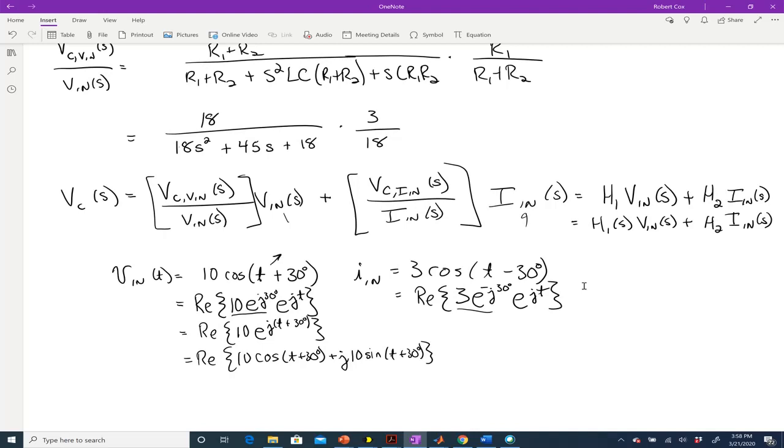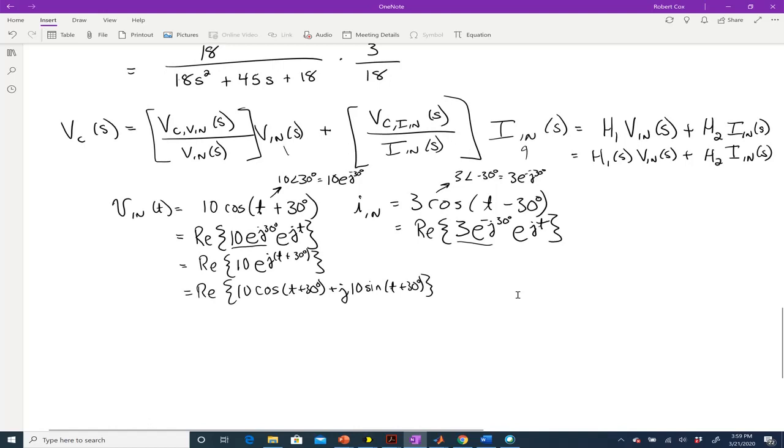So for 10 cosine of t plus 30 degrees, the phasor would be 10 angle 30, or equivalently 10 e to the j 30. And this one would be 3 angle negative 30, or 3 e to the negative j 30 degrees. Those are entirely equivalent. So what we've done is put V in terms of complex exponentials and I in terms of complex exponentials.